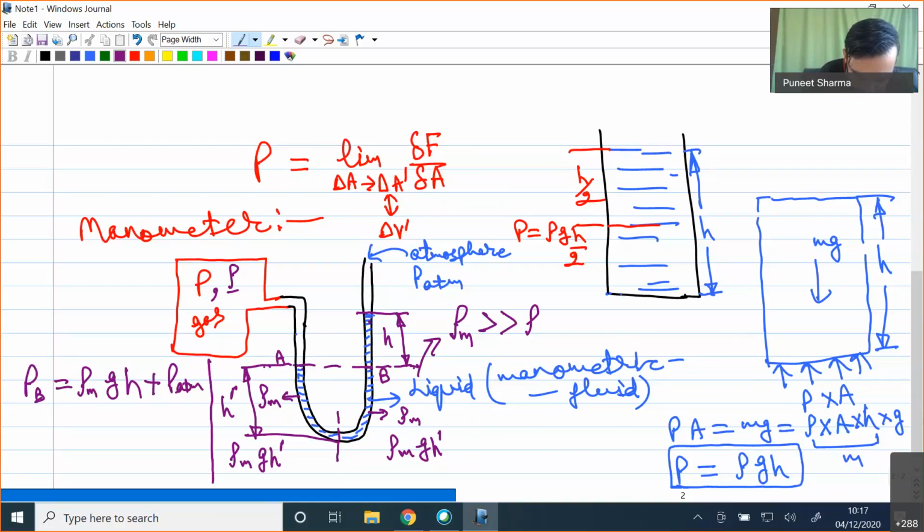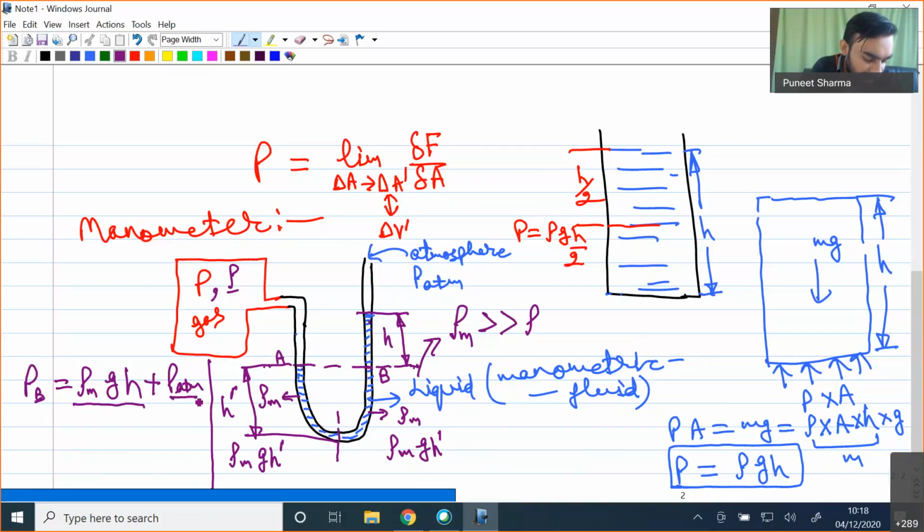Let me once again explain this point. This is our point B, and at point B, we have this h height of manometric fluid. That h height of manometric fluid gives a pressure of rho m g h, and at the same time the other end of the tube is open to ambient, so atmospheric pressure is also acting over here. So P atm will also come into the picture.